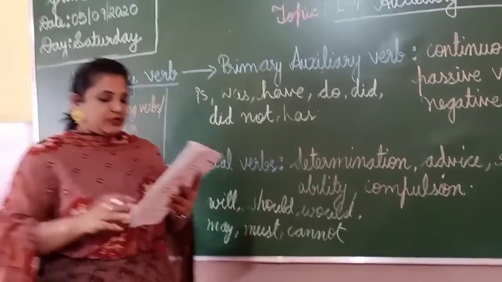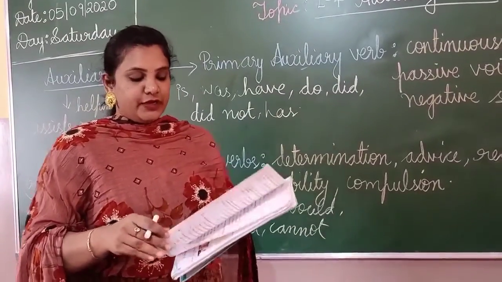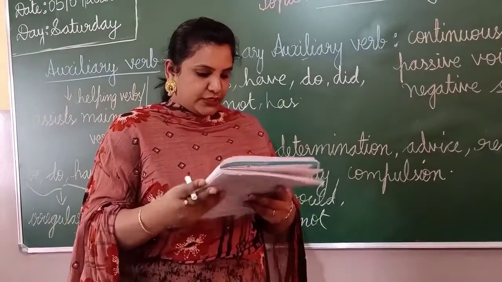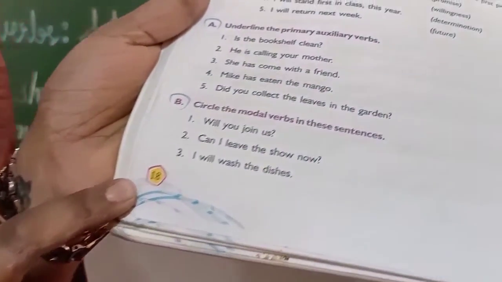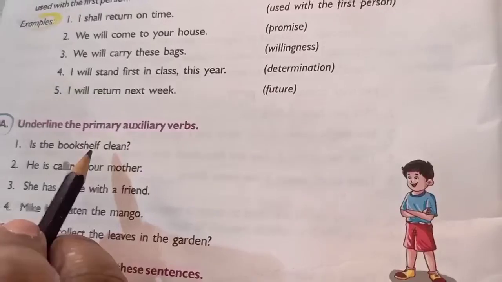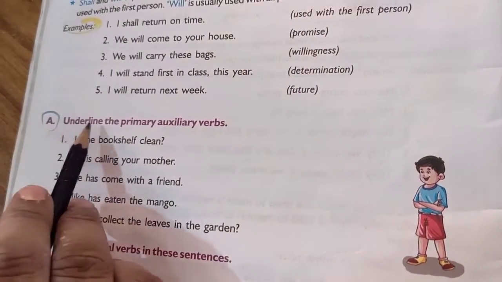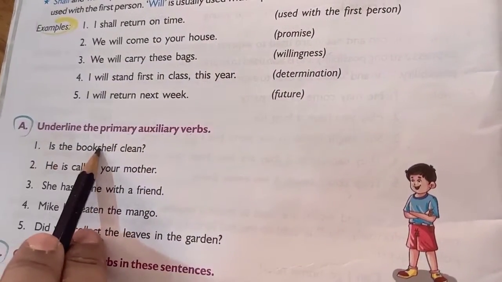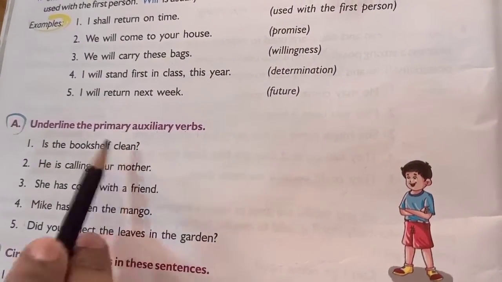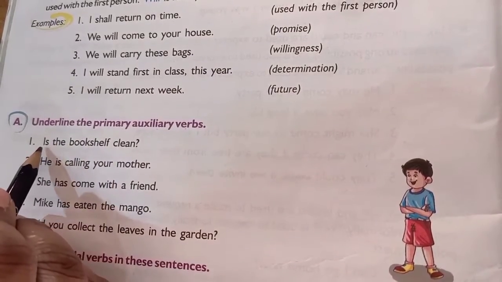Okay, children. Now we will do the exercises part of it. Turn to the textbook, page number 18. Textbook exercises, page number 18. Underline the primary auxiliary verbs. Is the bookshelf clean? So what is the primary auxiliary verb?